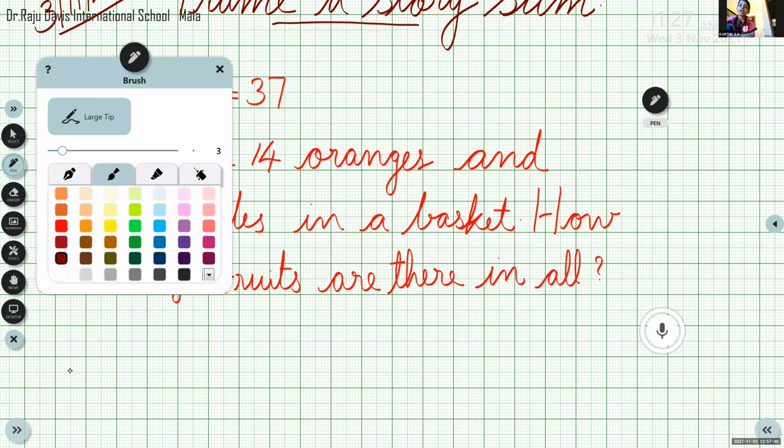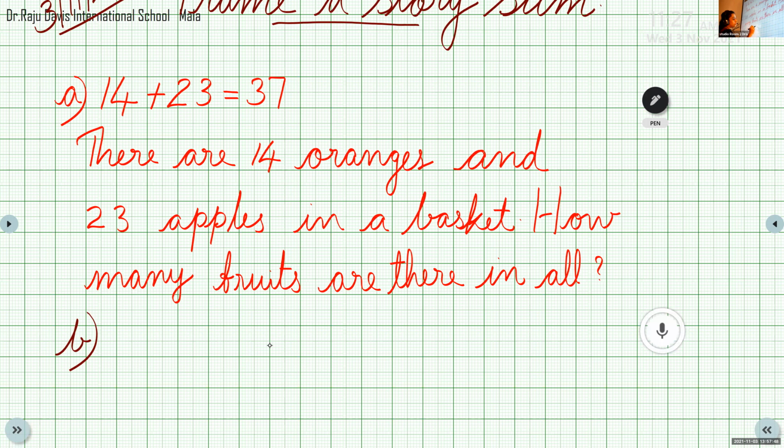So the next question is 32 plus 22 is equal to 54. This is the question. So for this question, you have to frame a question. It will come, wait a minute.